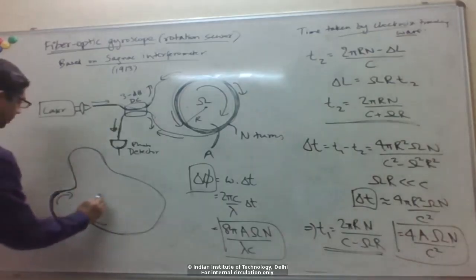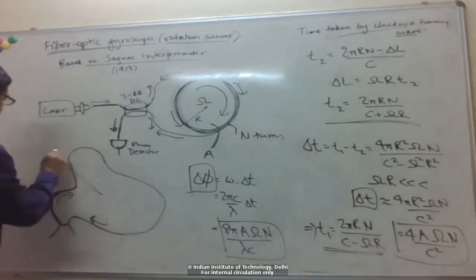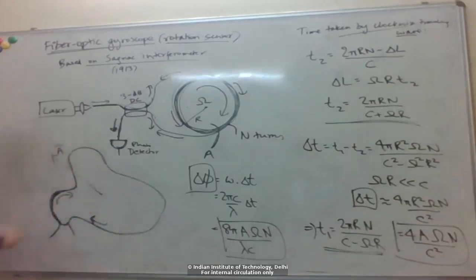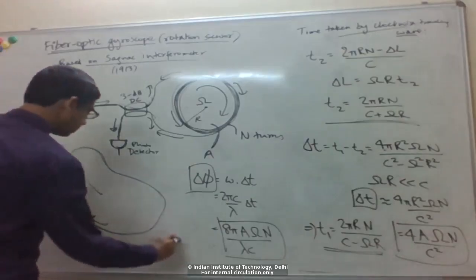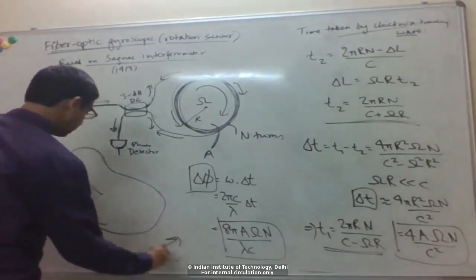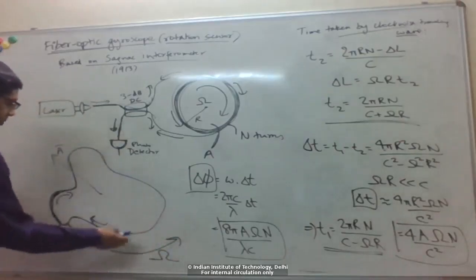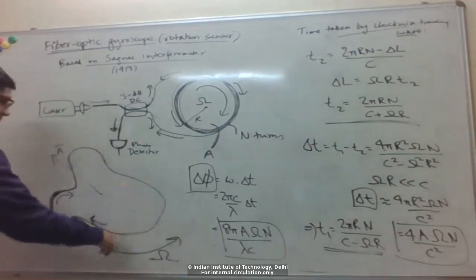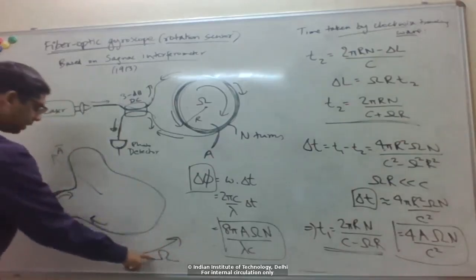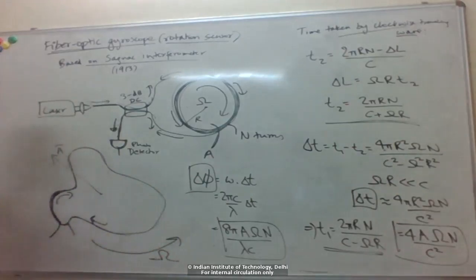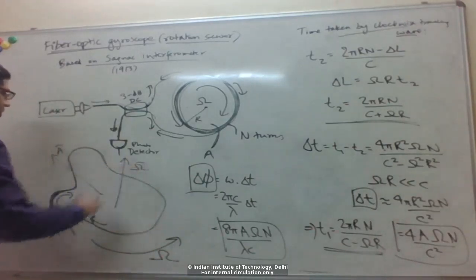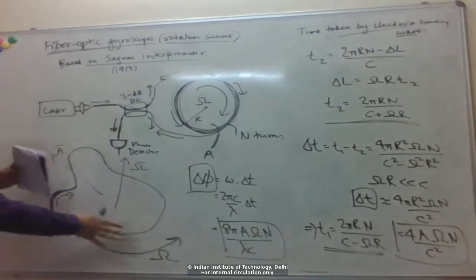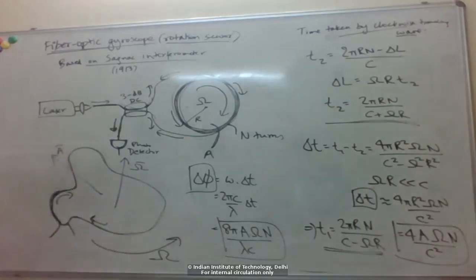the area vector is perpendicular to the plane of this loop, right? And then you could have some rotation, let's say, right? So the direction of this angular velocity is also perpendicular to the plane of the rotation, right? So these two need not be the same, right?